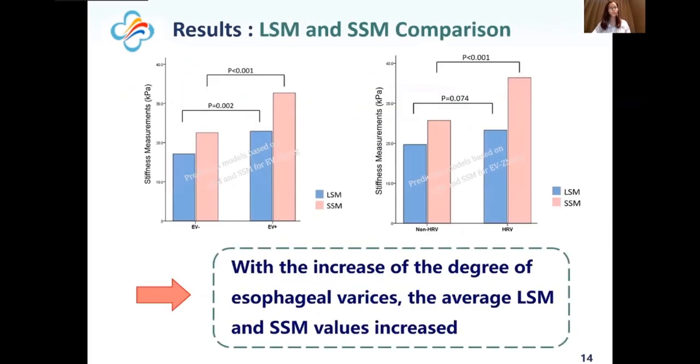With the increase of degrees of esophageal varices, the average LSM and SSM values will increase. The average SSM value of patients with EV or HRV was significantly higher than those without EV or HRV.